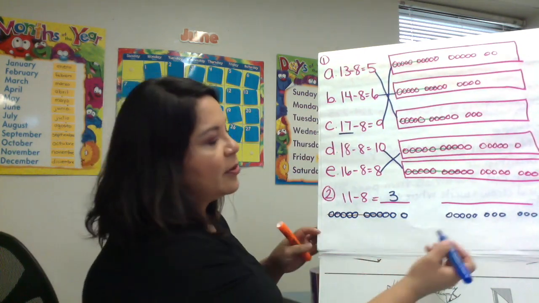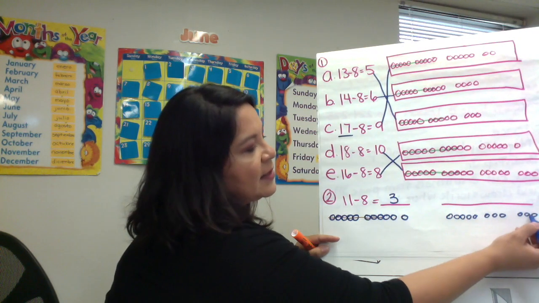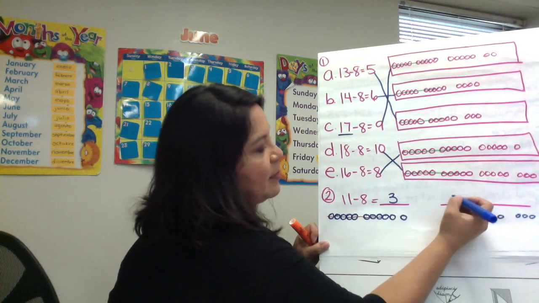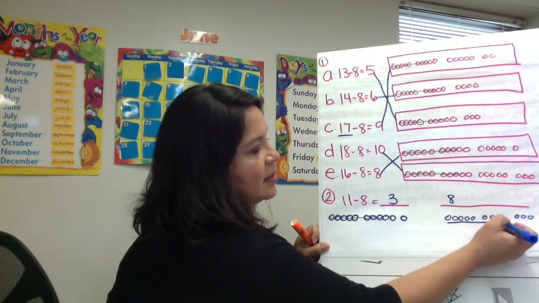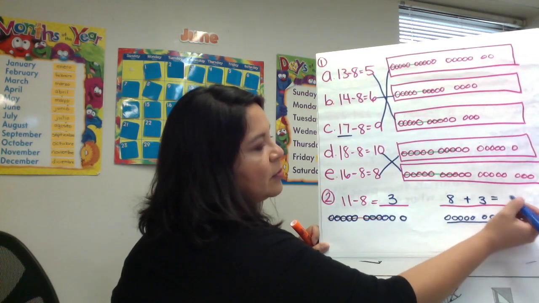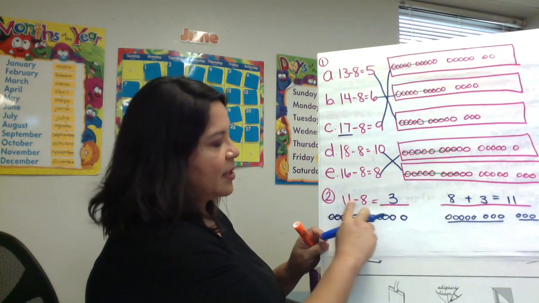Let's count them together. 1, 2, 3, 4, 5, 6, 7, 8, 9, 10, 11. Did it give me 11? Yes. So my number sentence would be 8, which are these, plus 3, which are these, equals 11, which are the same numbers. 8 plus 3 equals 11.